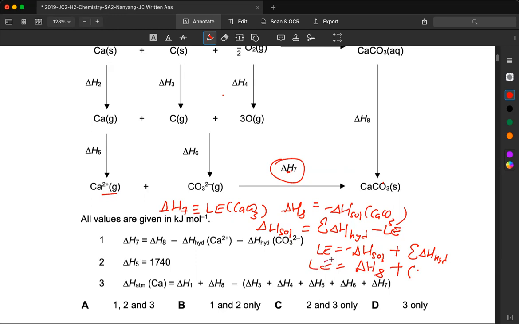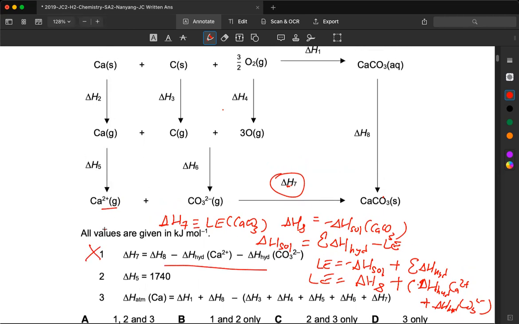So lattice energy is calculated by hydration of Ca2+ plus hydration of CO3 2-. So it should be the two hydrations added together minus away this, and not this. This is wrong. So this is out.